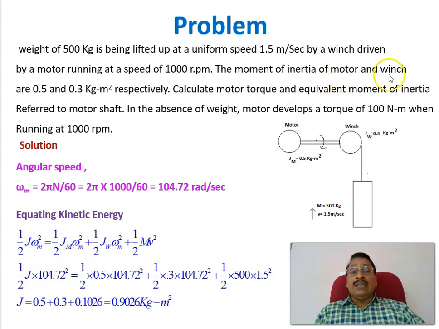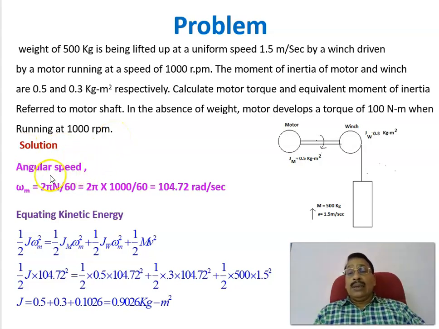The moments of inertia of the motor and the winch are 0.5 and 0.3 kilogram meter square respectively. Calculate the motor torque and the equivalent moment of inertia referred to the motor shaft. In the absence of weight, the motor develops a torque of 100 Newton meter when running at 1000 rpm.